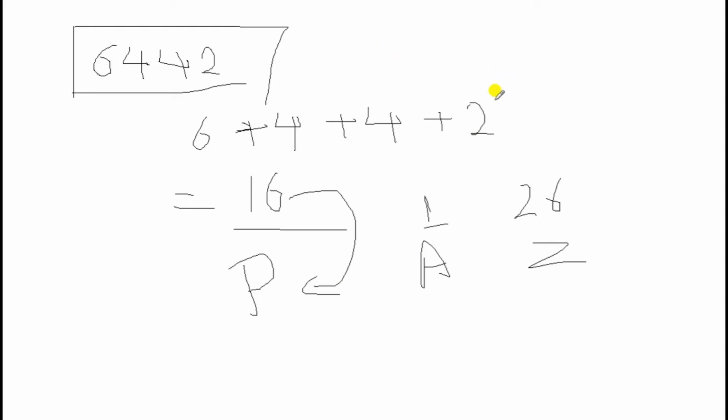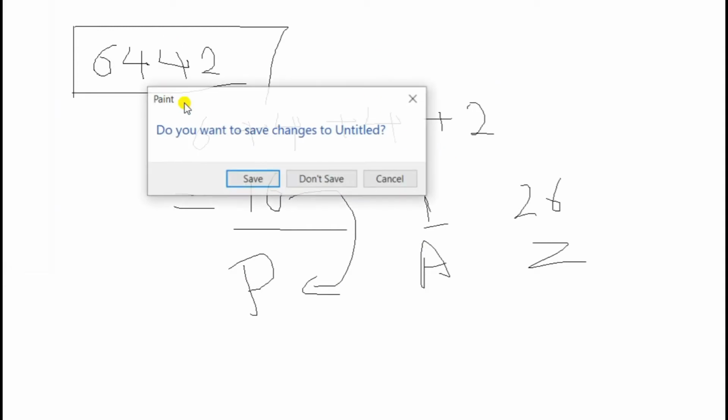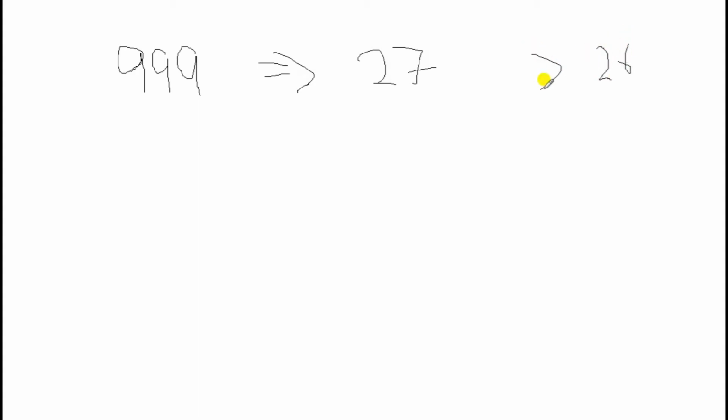Now let's take a false case. Any number which will sum up greater than 26. So the new number can be 9999, which sums up to 27, which is greater than 26. So we have to check whether the sum of this number is lying between 1 to 26 or not.